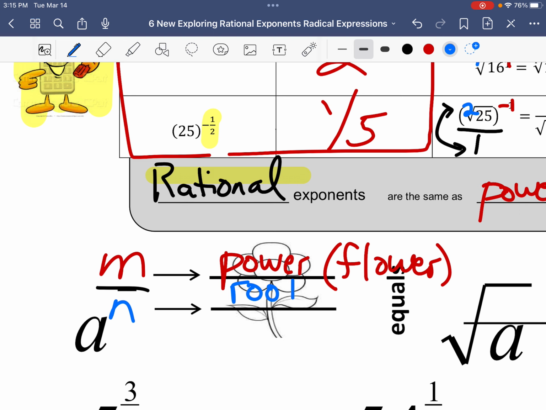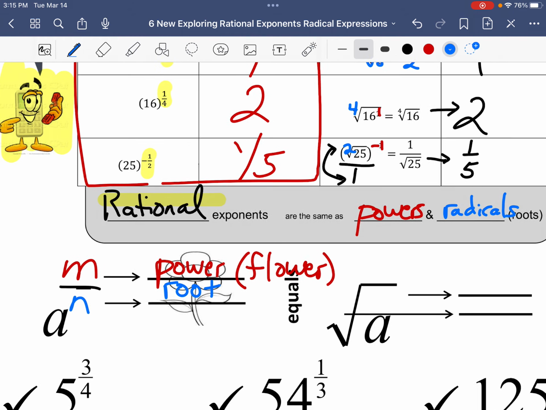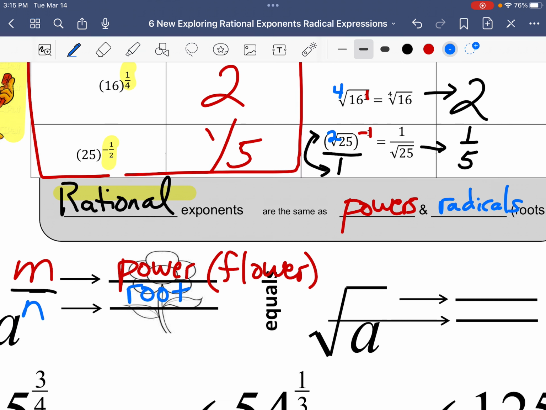N is the root, like the bottom of the flower. So the top is the power, the bottom is the root. Flower power. You can rewrite this as the nth root and the m power.